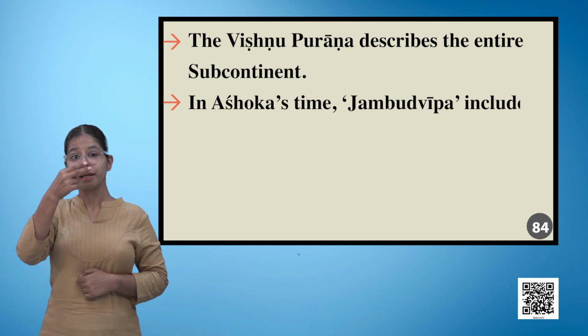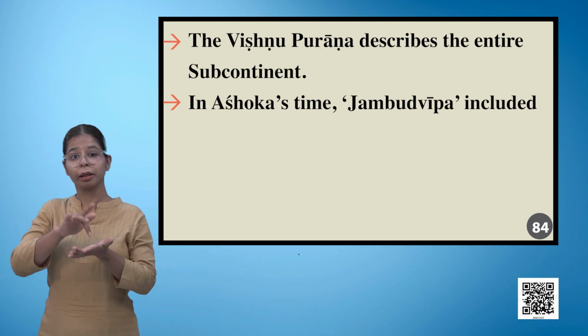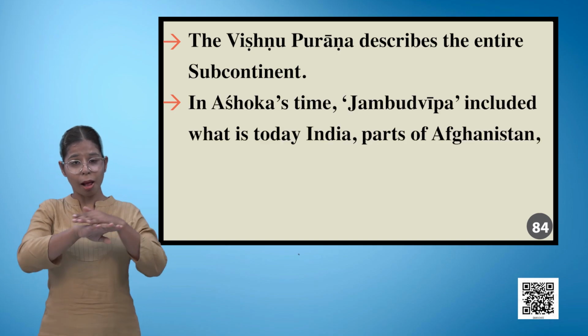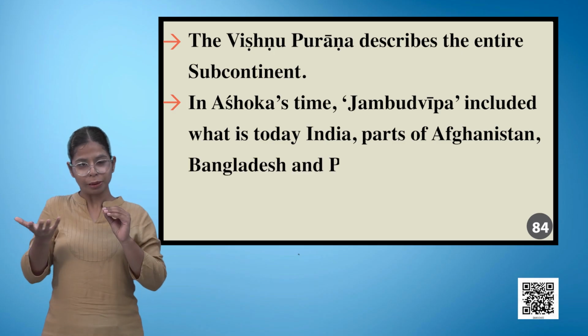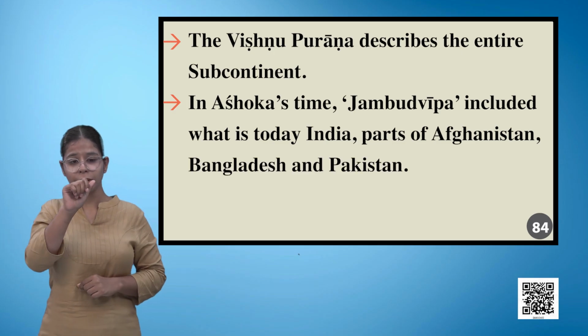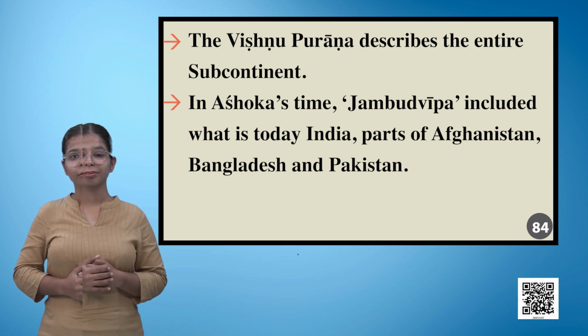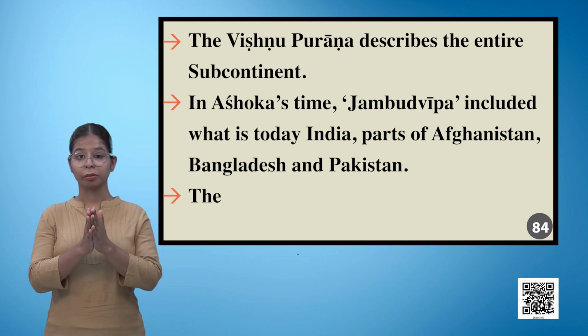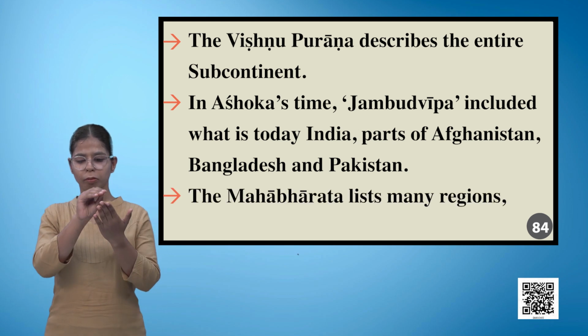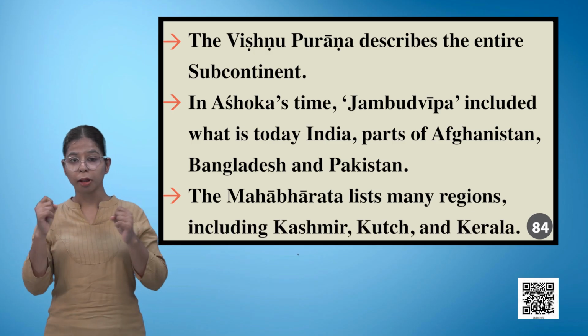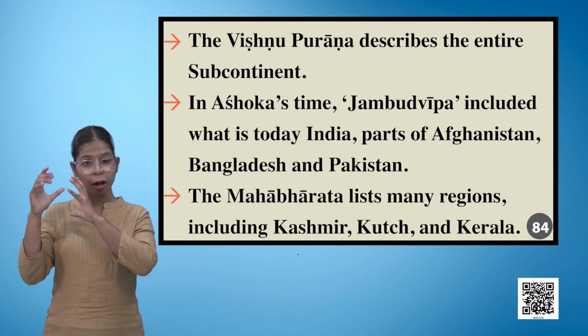In Ashoka's time, Jambudvipa included what is today India, parts of Afghanistan, Bangladesh, and Pakistan. The Mahabharat lists many regions, including Kashmir, Kutch and Kerala.